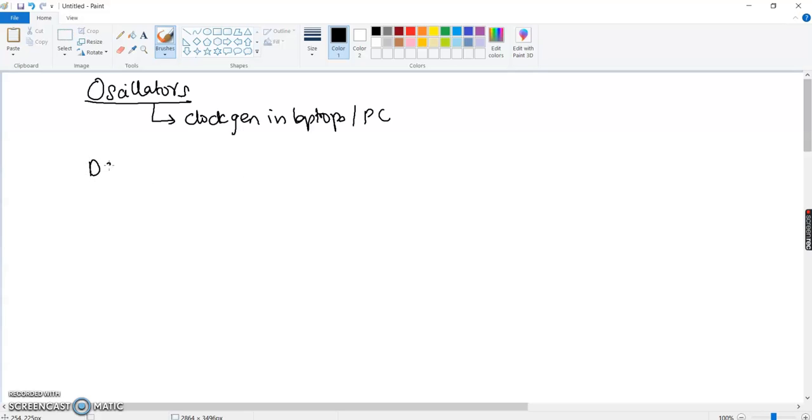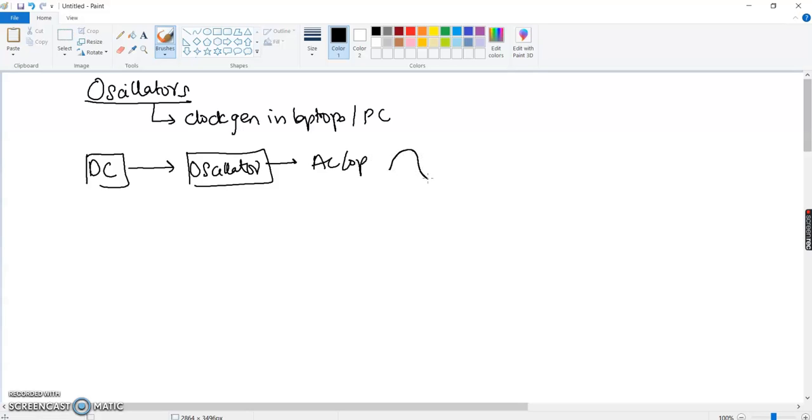You apply some DC input to this oscillator, and it gives you an AC output waveform, right? With different frequency. The AC output can be a sinusoidal output.